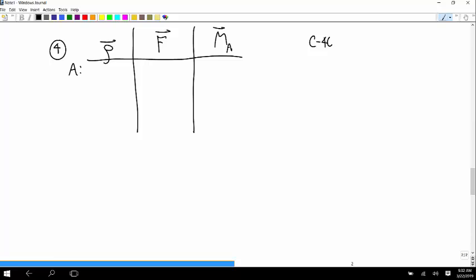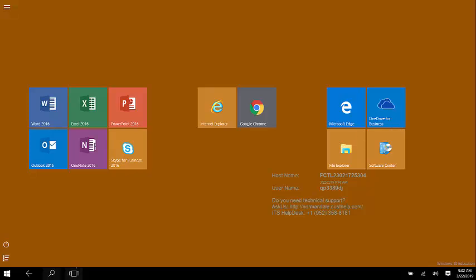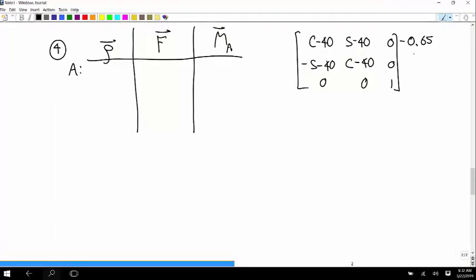Cosine of negative 40, sine of negative 40, 0, negative sine of negative 40, cosine of negative 40, 0, 0, 0, 1, times negative 0.65, positive 1.05, 0.